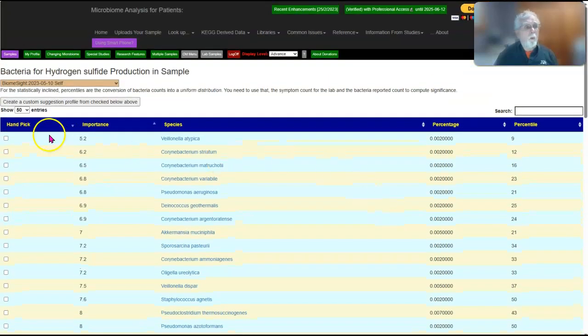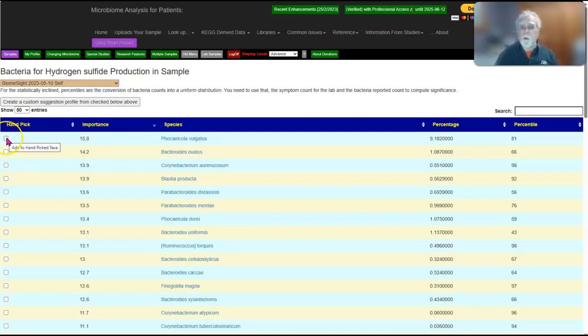54. Well, what we could do is, I've ranked things by something called importance, which are the ones which seem to produce the biggest amount, which is a combination of the percentages. So I will go down and mark everything which is significantly on the high side, which are the likely overproducers.